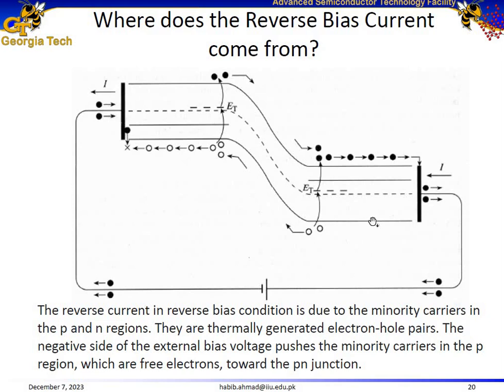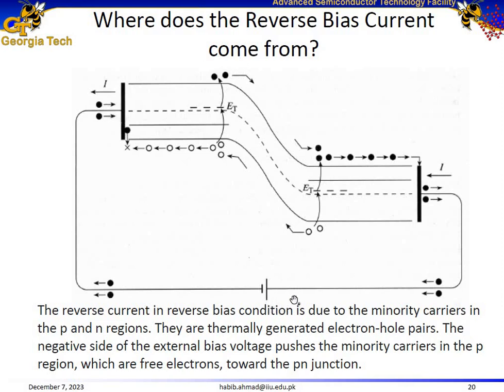However, we know that in an n-type material, the majority carriers are electrons, but we still have some minority carrier holes in n-type semiconductor. Similarly, in a p-type semiconductor, the majority carriers are holes, but we still have some minority carrier electrons in a p-type semiconductor.